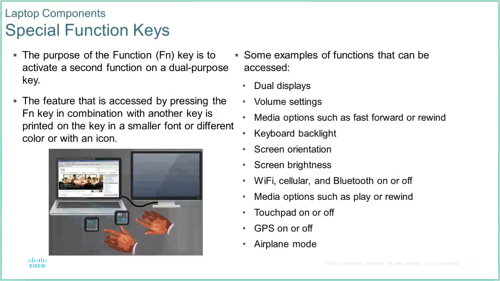So special function keys, we've all seen them on our laptops. So it's the little FN, normally in the blue, and with these special function keys we can adjust volumes, adjust light settings, multi-dual display setup, whether we've got split screens or mirrored screens, all that sort of thing.